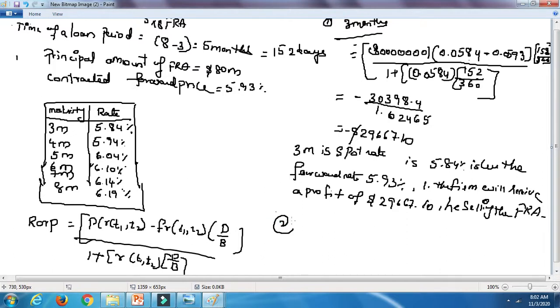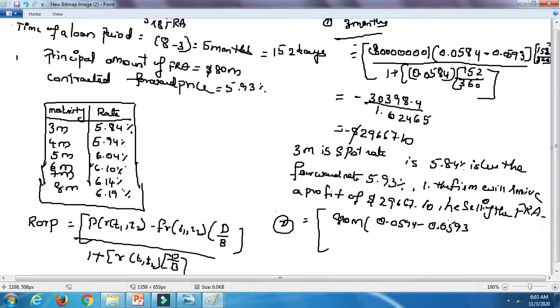Let's do the second one, that is 4 months. It will be the same 80 million into, what is the interest rate in the question, 0.0594 minus 0.0593.